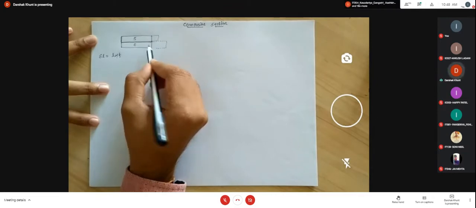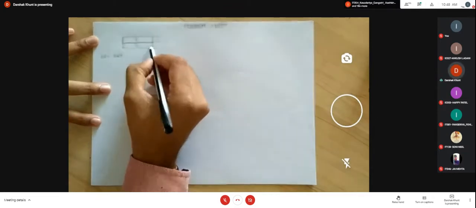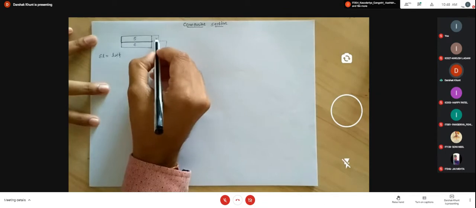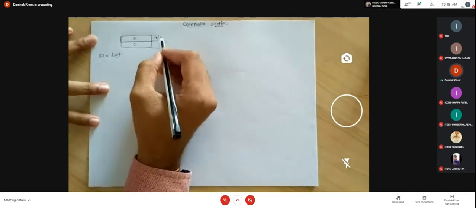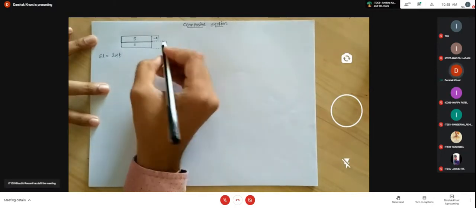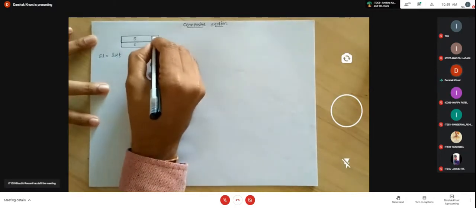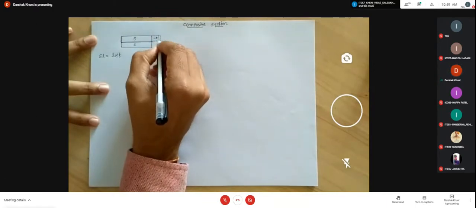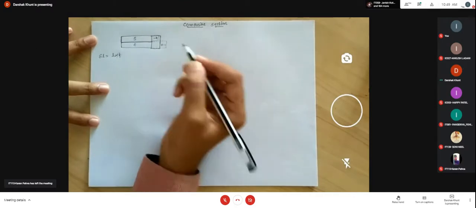Since both are combined together, the copper element applies a pull force on the steel element in these directions, and the steel section applies a push force on the copper element, and they will try to undergo the same deformation.